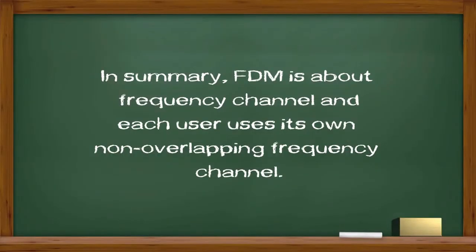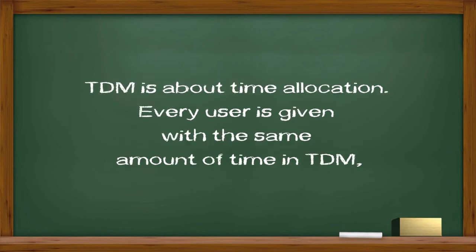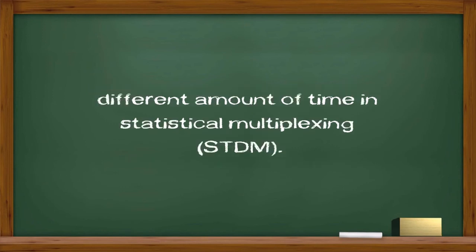In summary, FDM is about a frequency channel, and each user uses its own non-overlapping frequency channel. TDM is about time allocation. Every user is given the same amount of time in TDM, or a different amount of time in statistical multiplexing.